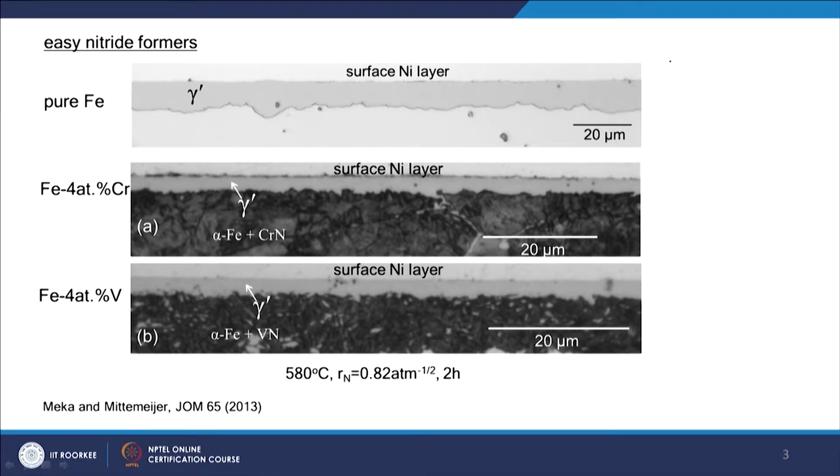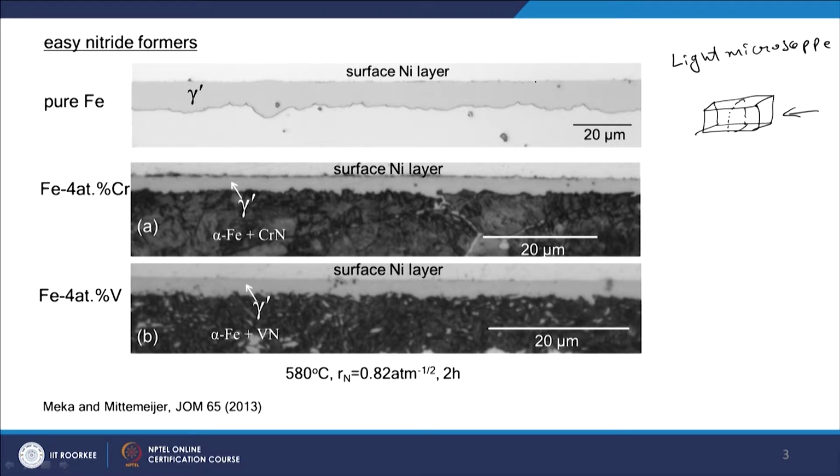These are cross-sectional microstructures, that means you have a sample of certain thickness, and when we do the nitriding and then make a section like that, we are trying to see this section. On the edges we see the surface.